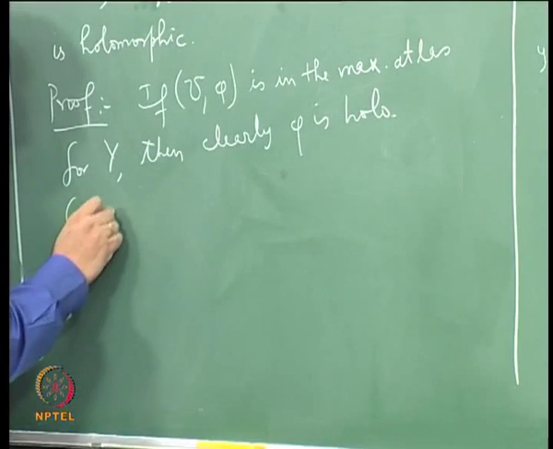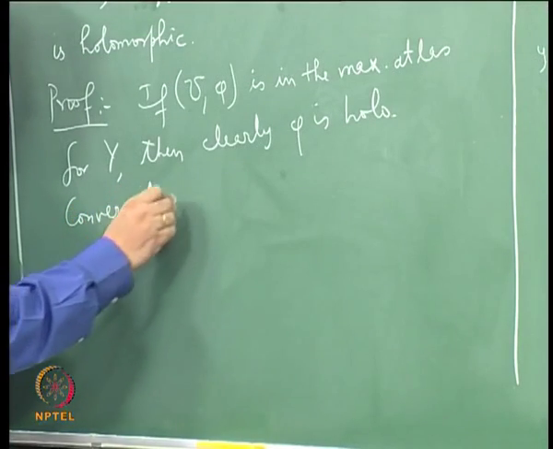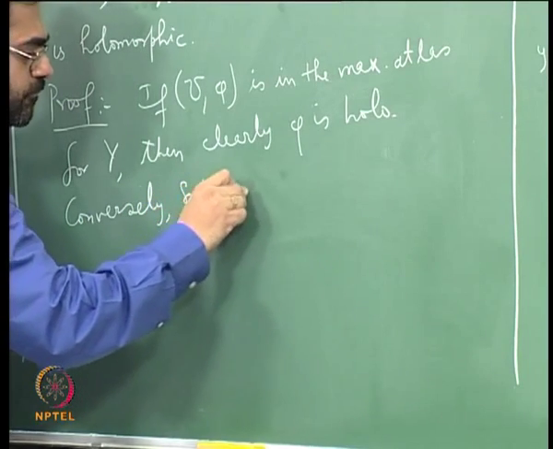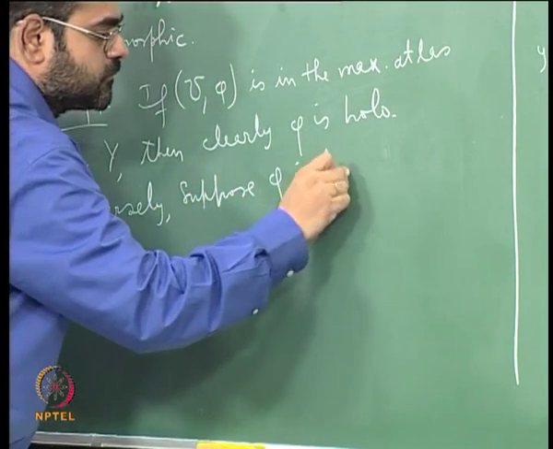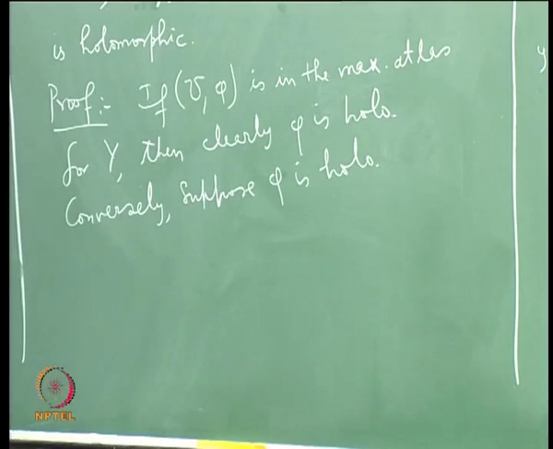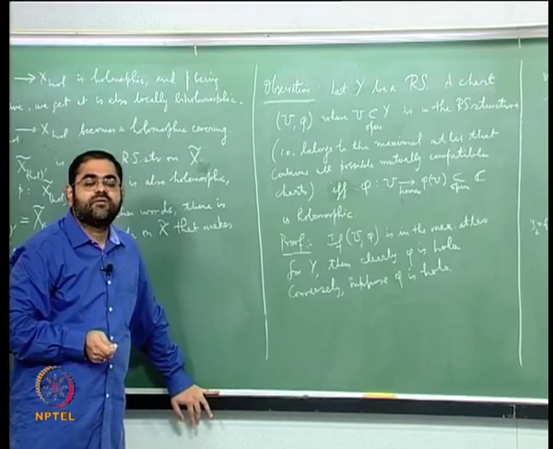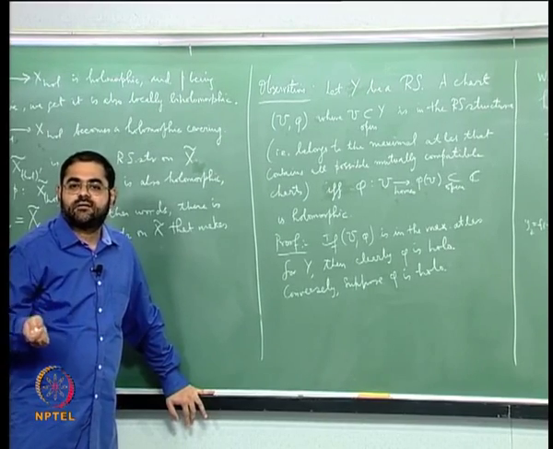Conversely, suppose phi is holomorphic. I will have to only check that (U, phi) is compatible with every other chart that intersects it.